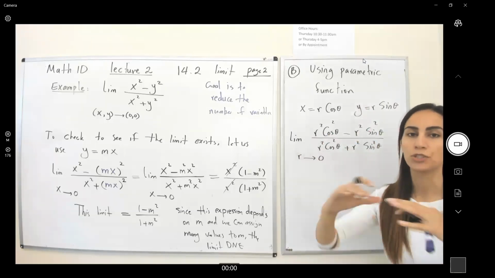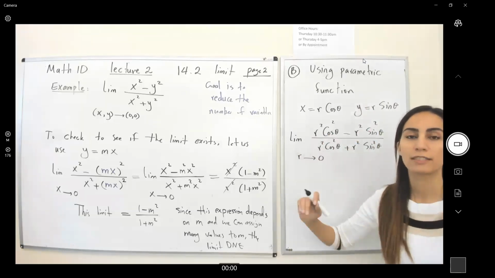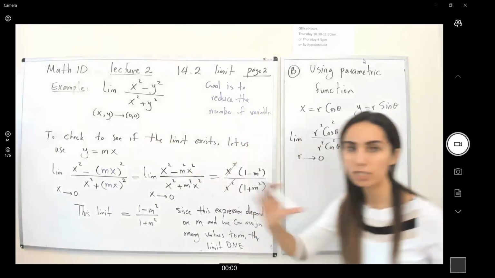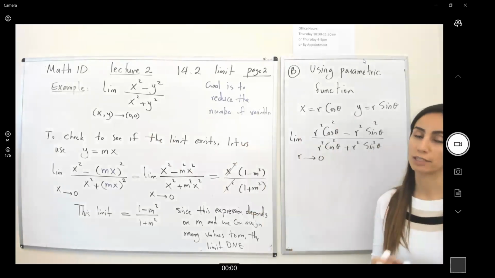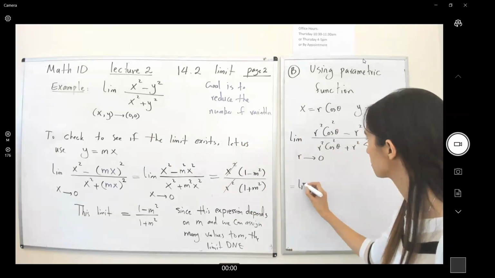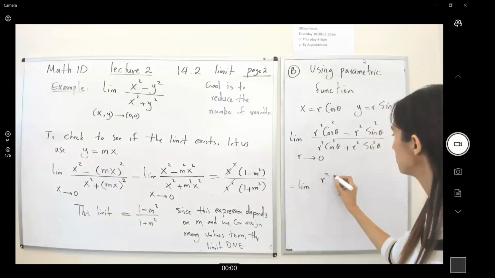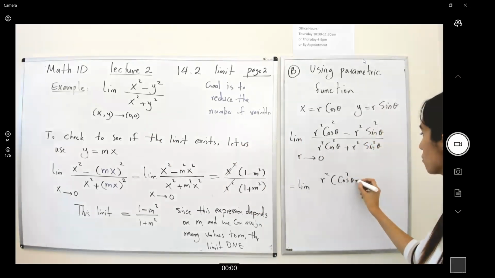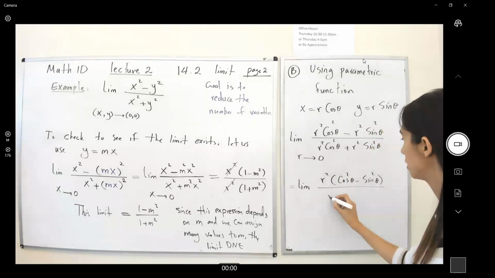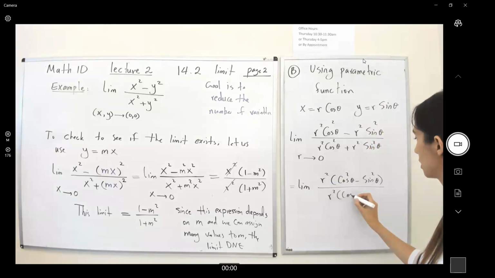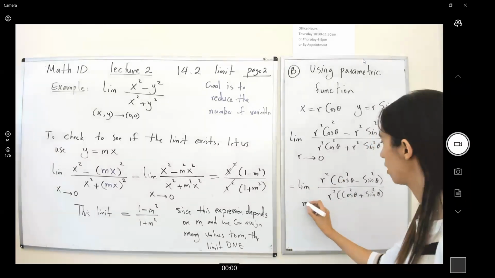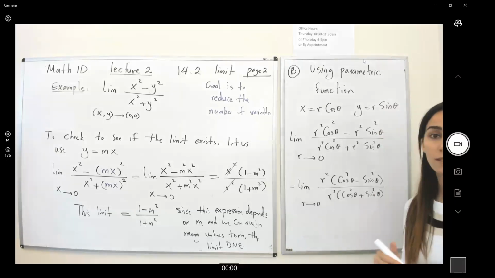You're actually using a circle, and its radius is shrinking because you approach the origin. Let us simplify this. We get the limit of r squared times cosine squared theta minus sine squared theta divided by r squared times cosine squared theta plus sine squared theta, as r goes to 0.